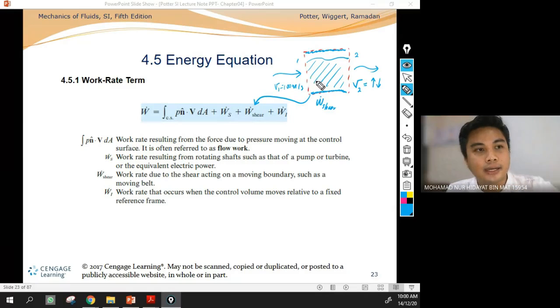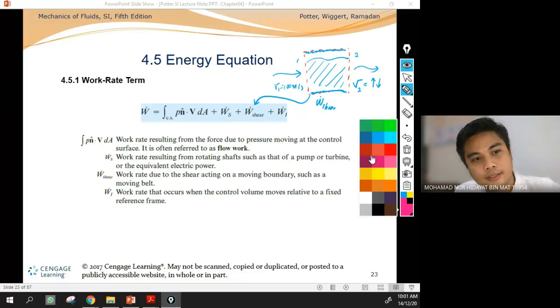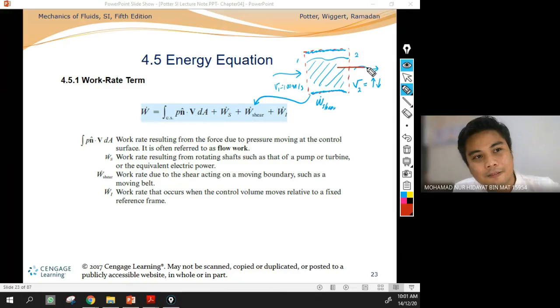So the work here refers to the work of the shaft, or work of the turbine or pump. So for example, there is the shaft. I try to draw nicely. Okay, there is the shaft.